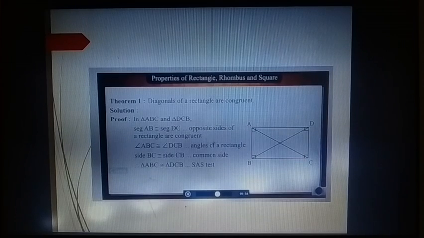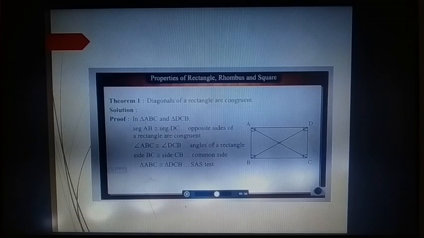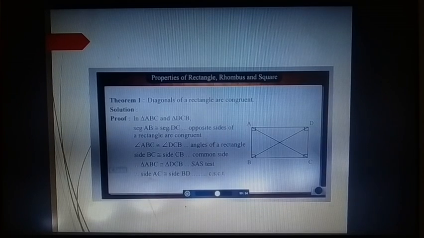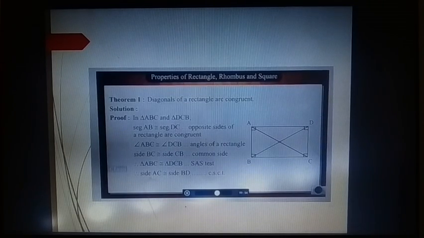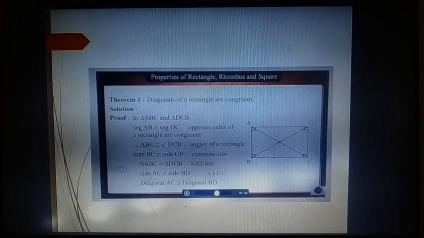Next, triangle ABC congruent to triangle DCB by SAS test of congruence. Once the triangles are congruent, the corresponding sides AC congruent to side BD, the corresponding sides of congruent triangles. Hence, the diagonal AC congruent to diagonal BD.